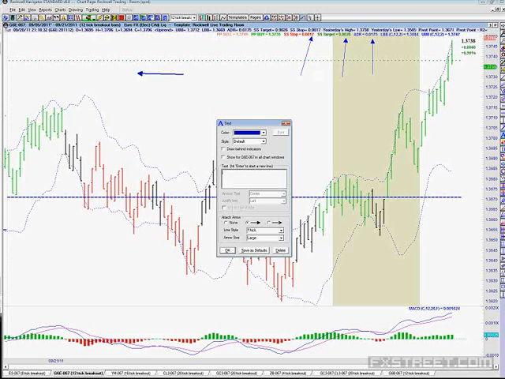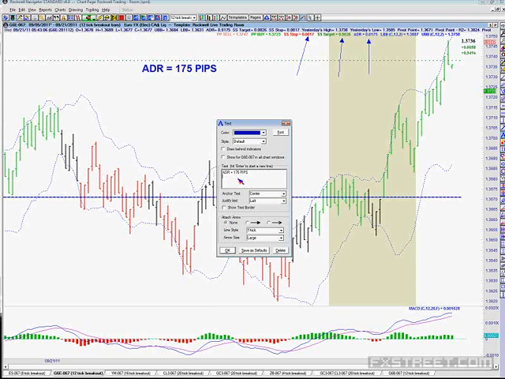With the average daily range at 175, we'll say pips to make it easy. I know that as a futures trader, you'll probably hear me say ticks and pips interchangeably throughout the webinar today. Bear with me, but we'll try and keep it pips since I know many of you are currency traders here.